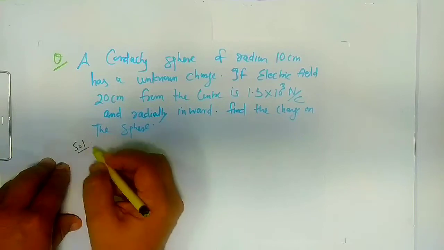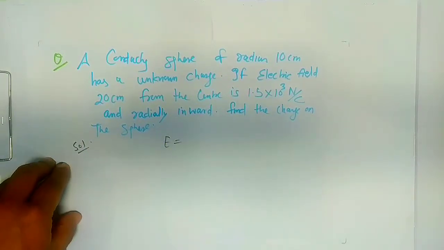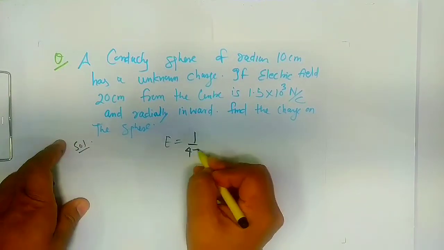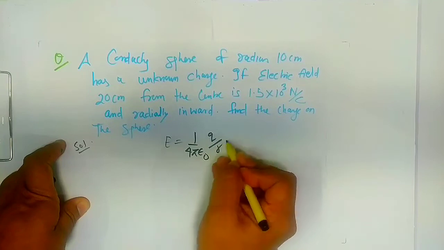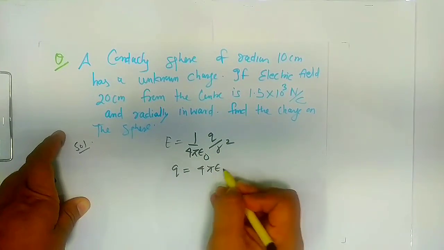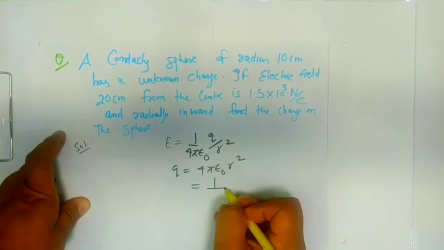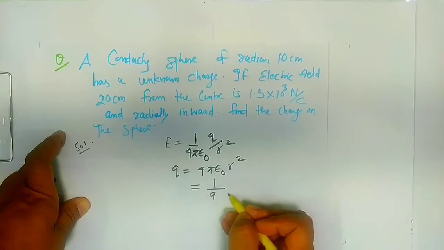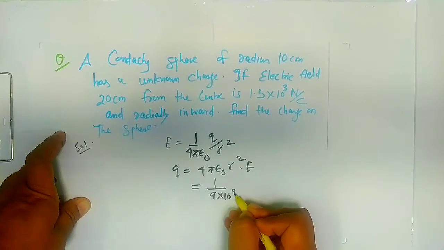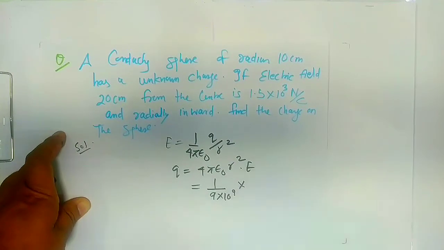Solution is very simple. What is the electric field? 1 upon 4 pi epsilon naught, q by r square. Very simple. This is the electric field. So q you can calculate, it is 4 pi epsilon naught into r square into E. So 1 upon 9 into 10 to the power 9, the value of R is given and E is given.